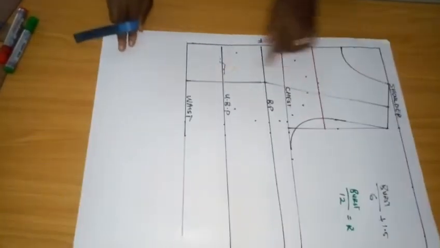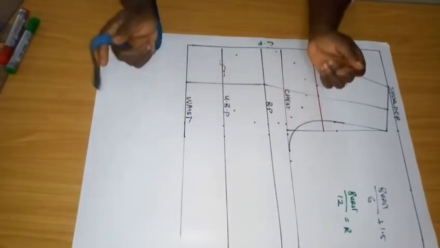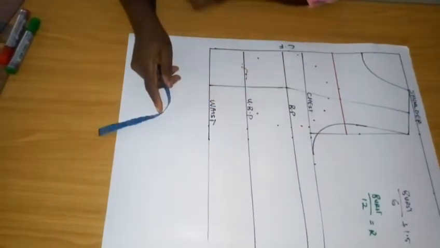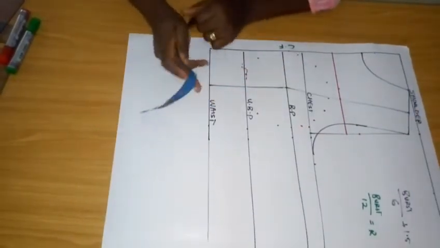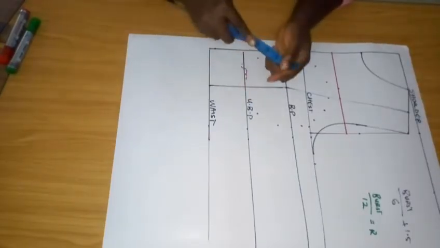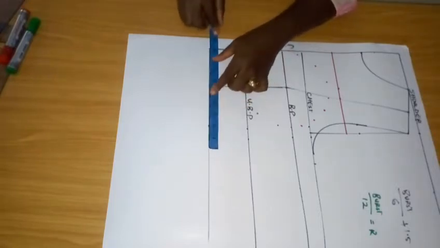All right, so for the under bust tightening, this is what we have right here, and I'm going to first of all impute my waist, okay? I'm imputing the waist measurement and the darts before we contour our under bust. So my waist measurement here is 36 divided by 4. I have 9 inches.